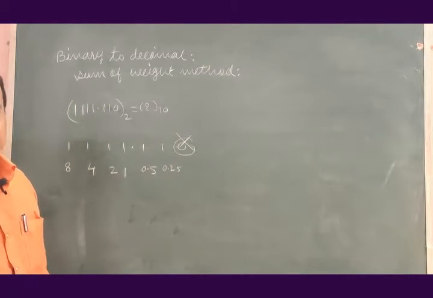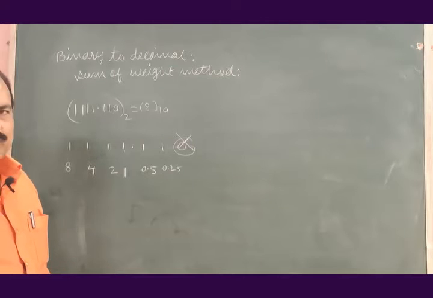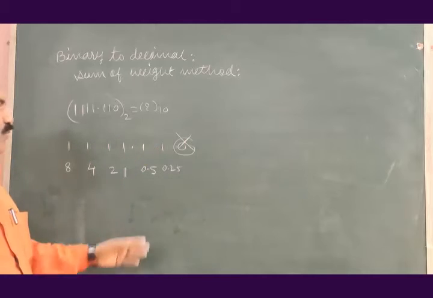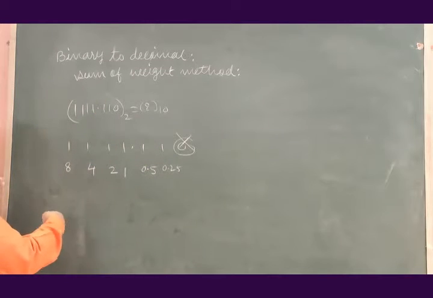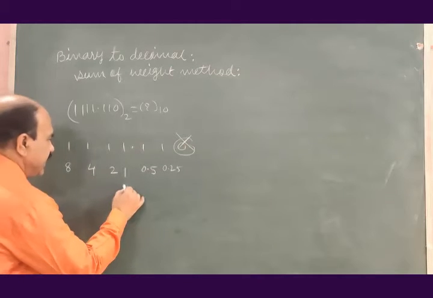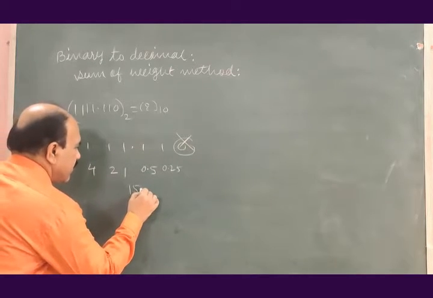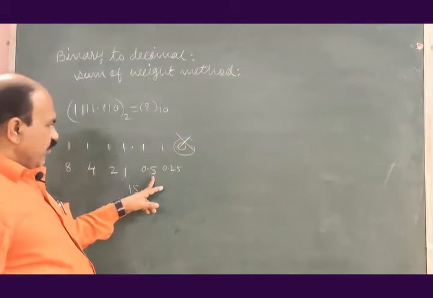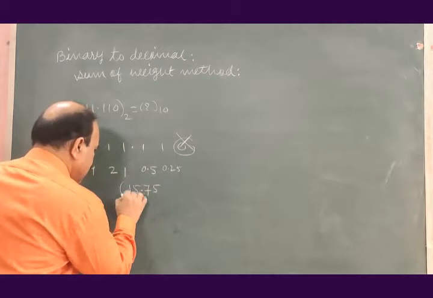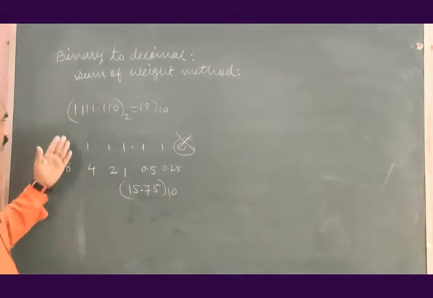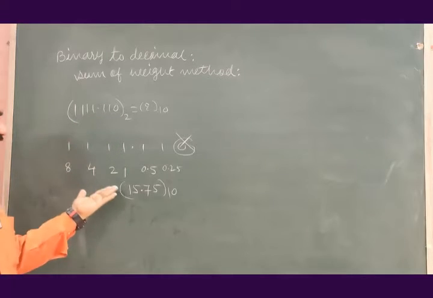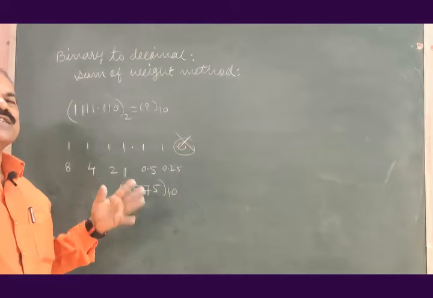The weight corresponding to a 0 bit simply cancels out. Add this: 2 plus 8, 10, plus 5, 15, point 0.5 plus 0.25, 0.75. So this binary is equivalent to this decimal.